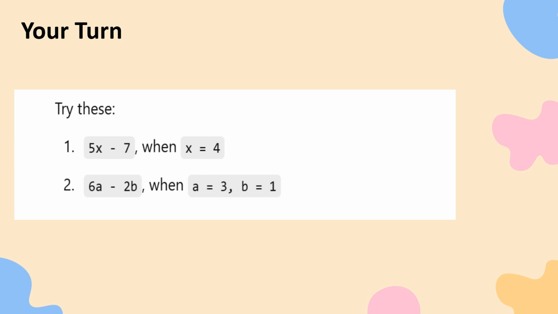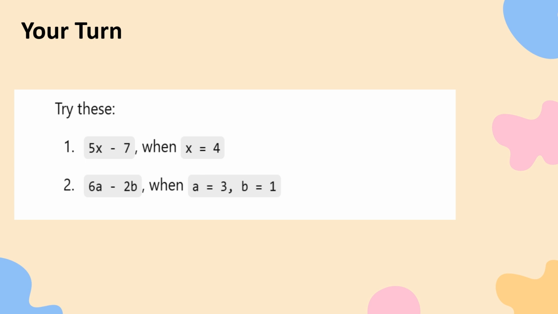There's a given value for their variables, so I want you to evaluate. If you have your paper and pencil, or your iPad or digital pen, you can do it right at this very moment.